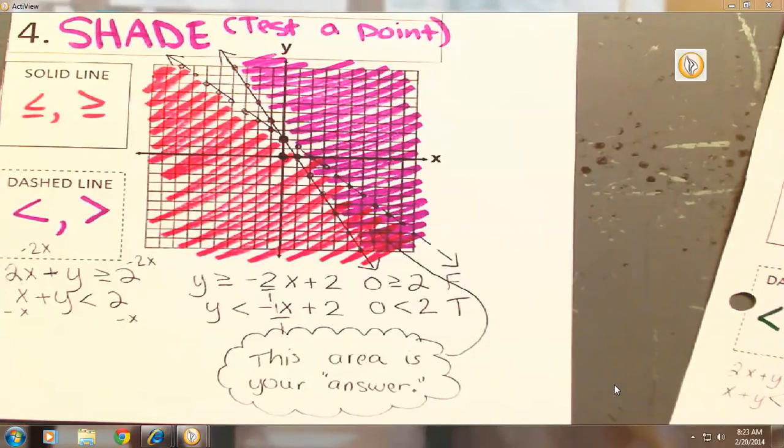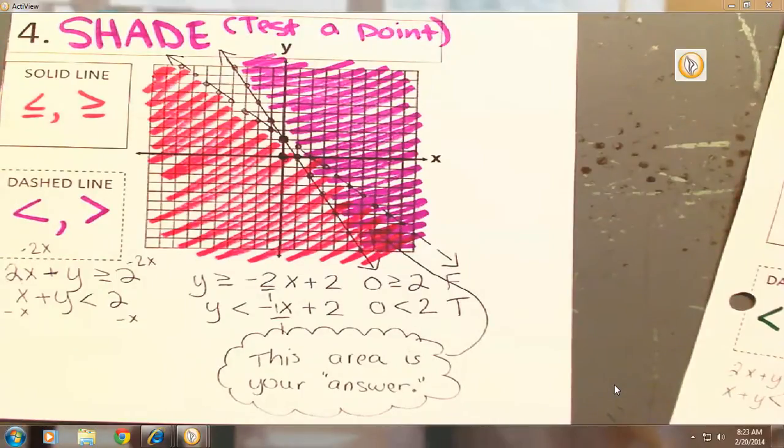Will there ever be a case where you'll have to color the whole graph? I'm thinking if we had the lines on top of each other, the same line graphed, but their inequalities were opposite of each other. One would shade the right half, and the other would shade the left half. That's a possibility.